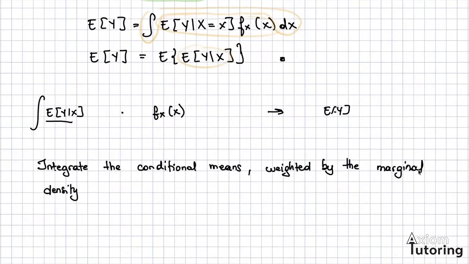In the discrete case, we said we weight by the number of observations in a particular subgroup to get the unconditional mean. Okay.